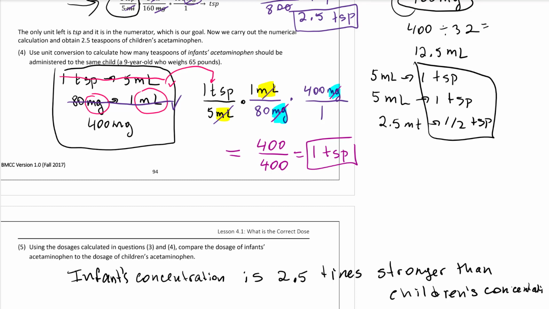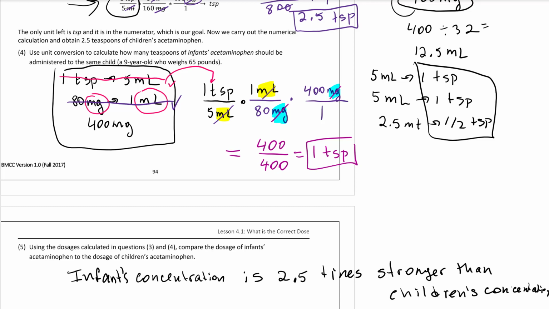And the reason is because we're giving less of an infant amount, but it gives us the same amount of drug. So it's 2.5 times stronger. You might say, well, why give an infant something stronger than the child dosage? Well, try giving medication to an infant. It's almost impossible.